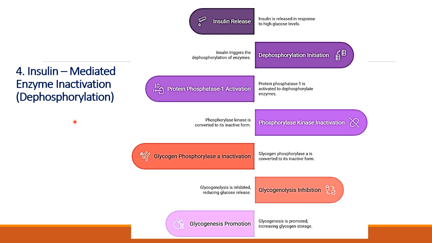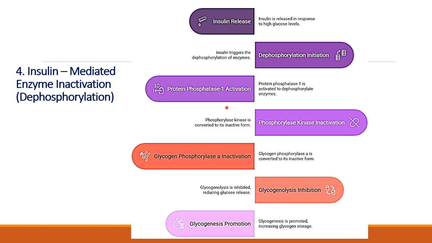We also have one more method, the fourth one, inactivation: insulin-mediated enzyme inactivation by dephosphorylation. When energy or glucose levels are high, insulin triggers dephosphorylation of enzymes.